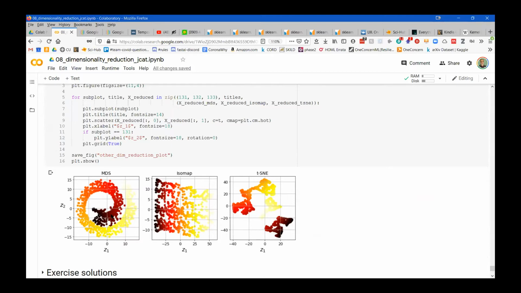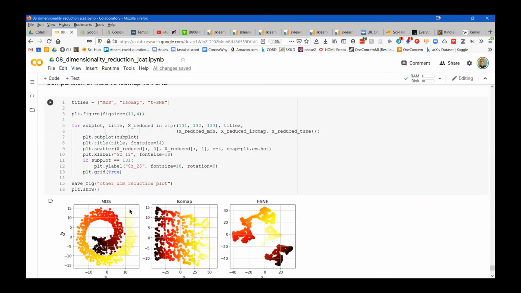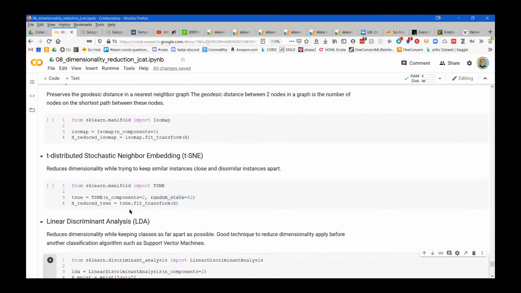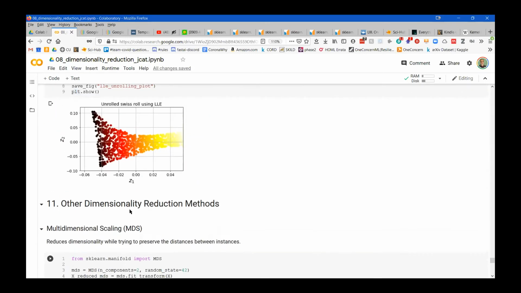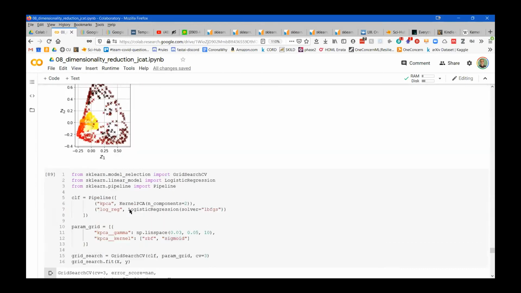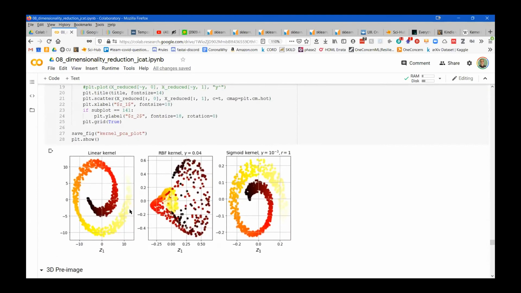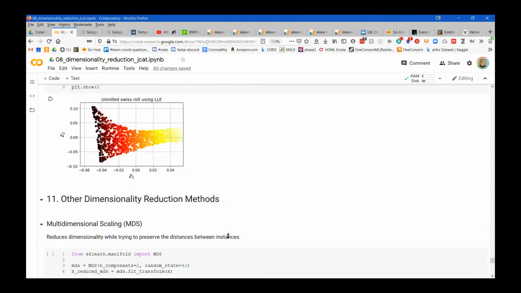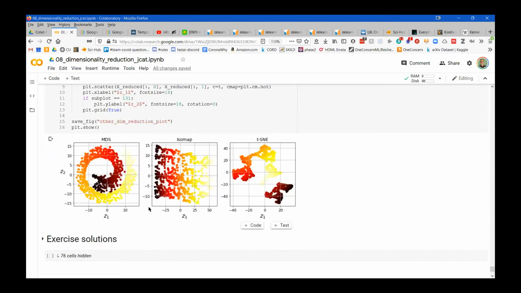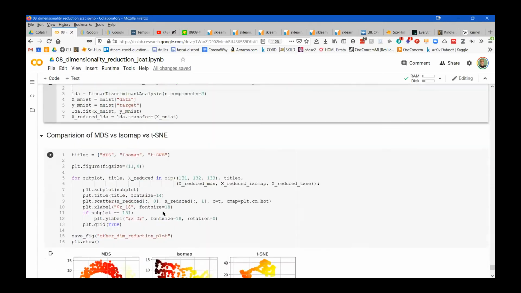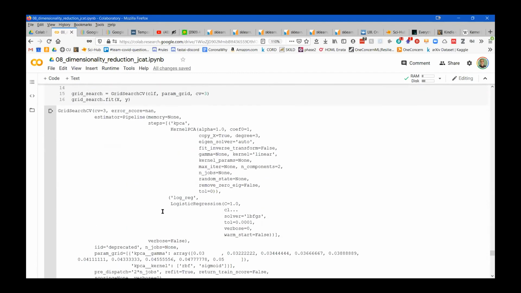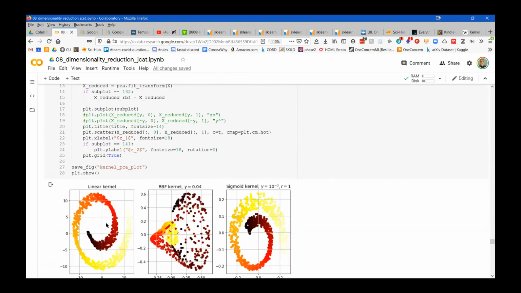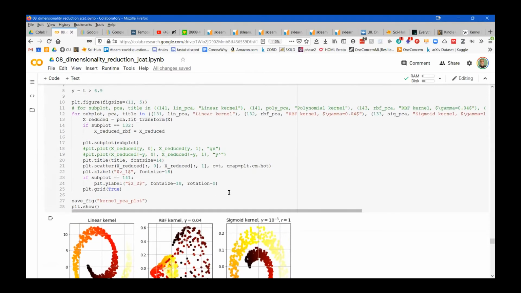And MDS, multidimensional scaling, seems similar to one we've seen before. Which one is it? Is it the clockwise one or the counterclockwise one? One of those two. So that's a counterclockwise one. So it's similar to this one, the linear kernel in the Kernel PCA.